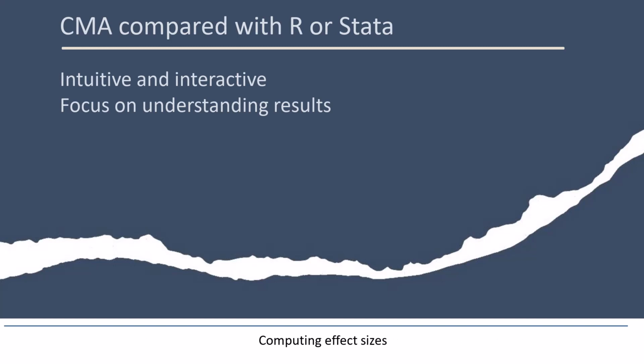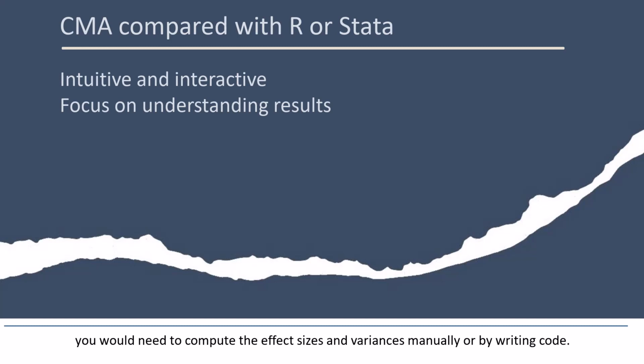Computing effect sizes. R and Stata will accept summary data in only 3 formats: the events and sample size, the means and standard deviations, or, in some cases, point estimates and confidence intervals. If any studies provide data in another format, you would need to compute the effect sizes and variances manually or by writing code.